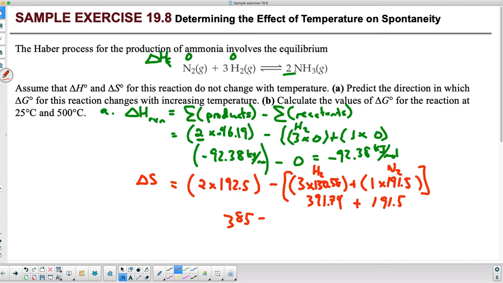So that's going to be 391.74 plus 191.5 equals 583.24. When I subtract those two, obviously I end up with a negative, negative 198.24.